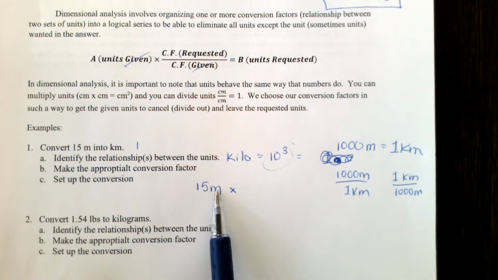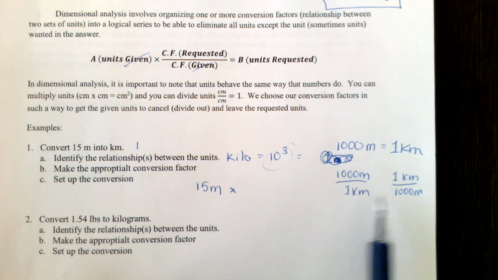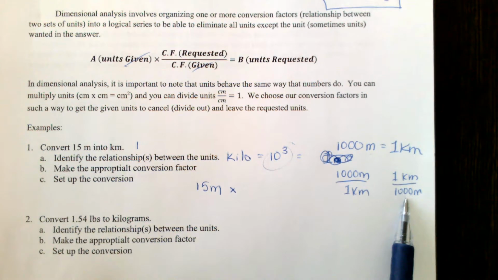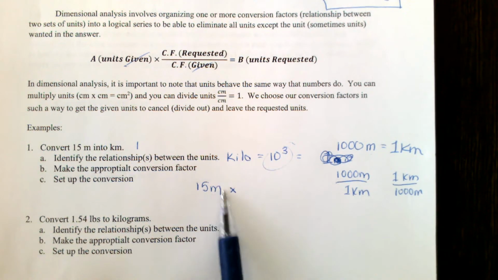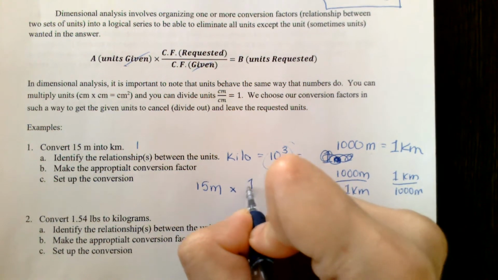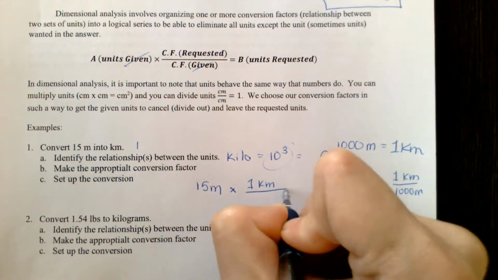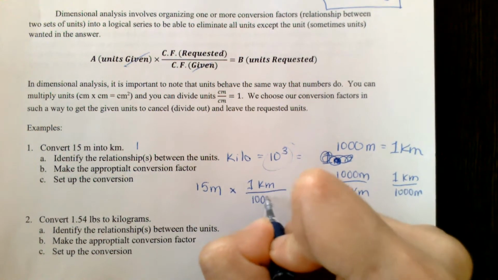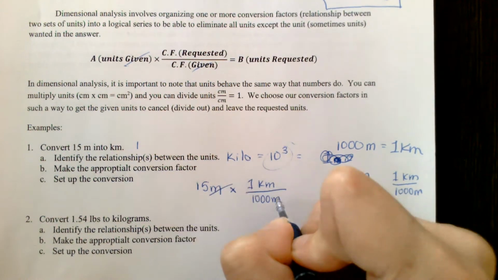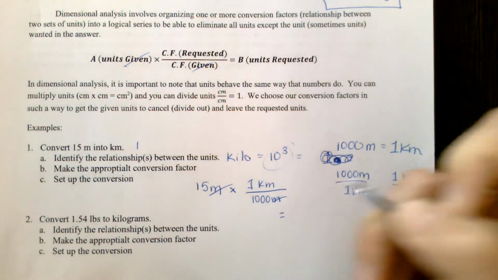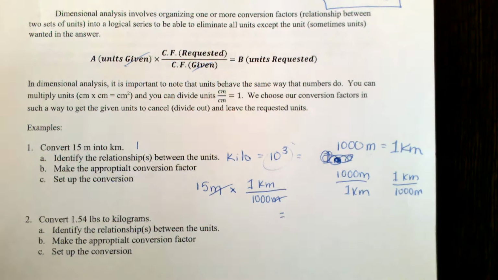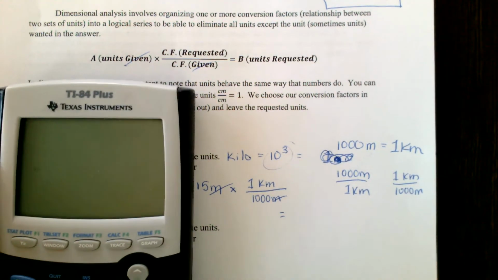If we look at the operation we're trying to do here, we do want meters to cancel. So we're going to choose our conversion factor that has meters in the opposite place, so the denominator here. So times 1 kilometer per 1,000 meters. So our meters cancel, and then we have our requested units of kilometers.